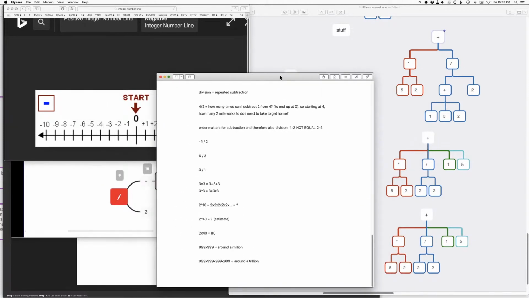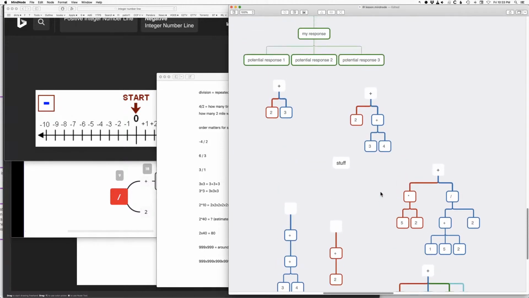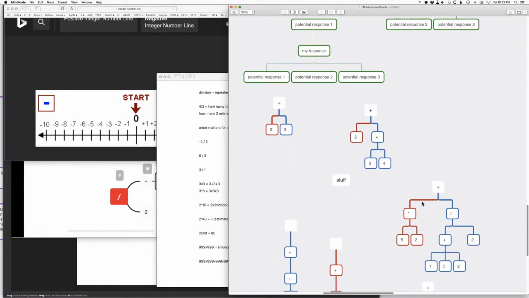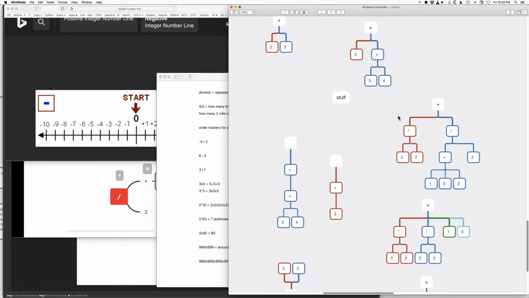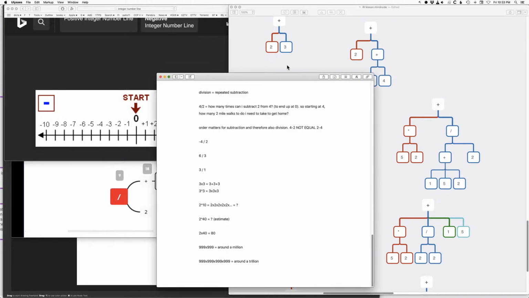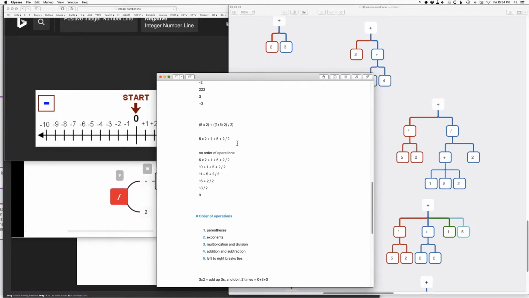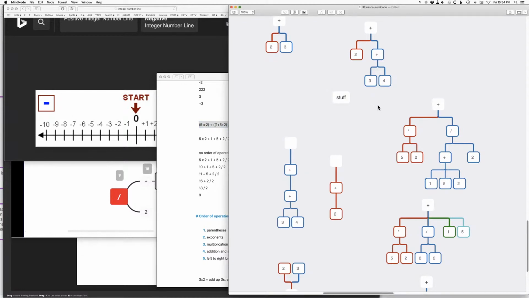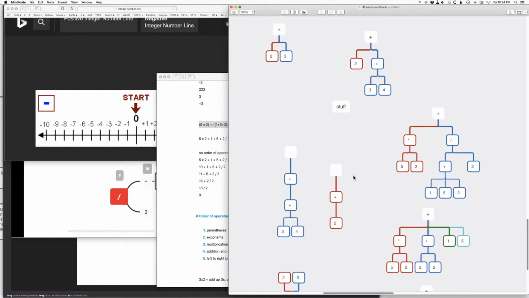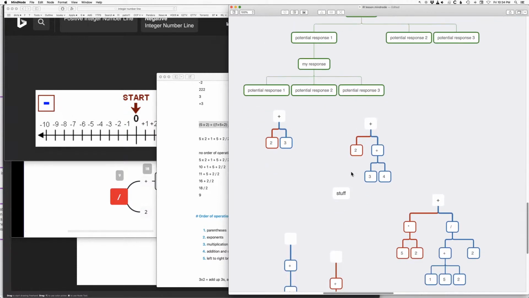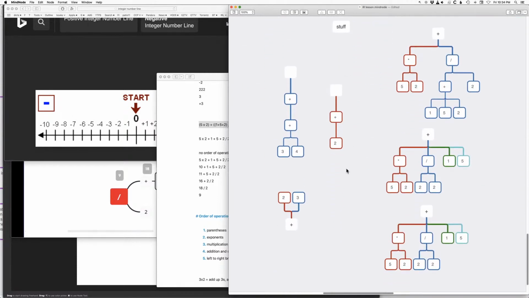Okay, so what did we cover? Let's wrap up. How to put math in trees, and why the order of operations matters, and how to convert different math expressions into the tree, and how to do the math when there's a tree.